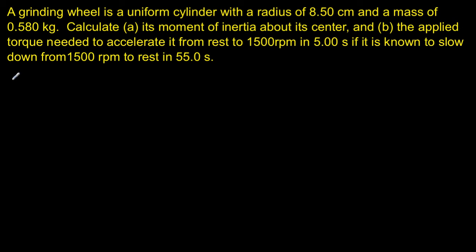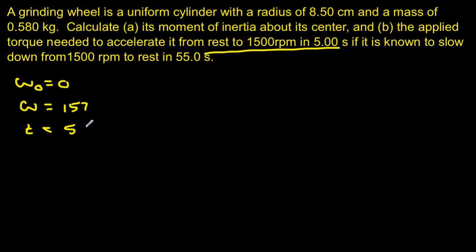So now we have to find out how fast it accelerates from rest to 1500 in 5 seconds. So here, omega O is going to be 0. Omega will be just the opposite of what it was a moment ago. It'll be 157. But this time the t is only 5 seconds.